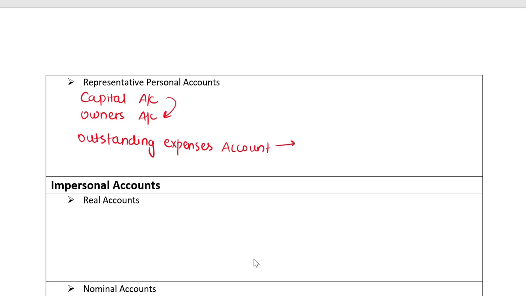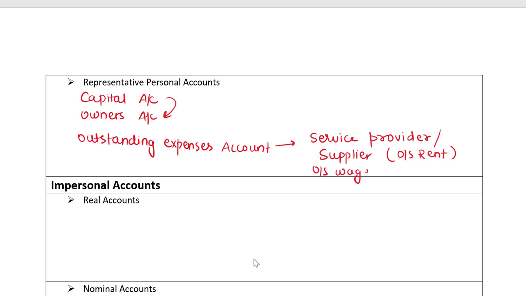Outstanding expenses represent whom? Service provider or supplier. Outstanding rent. We can also write outstanding wages, etc.